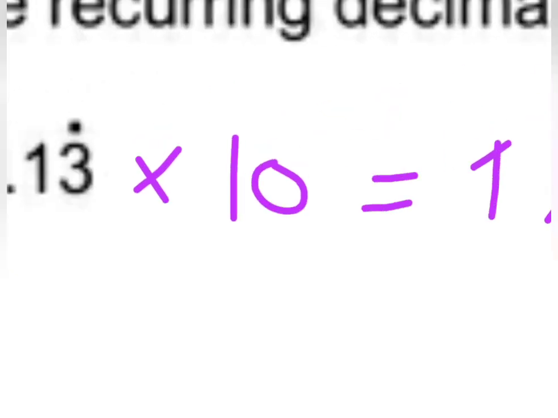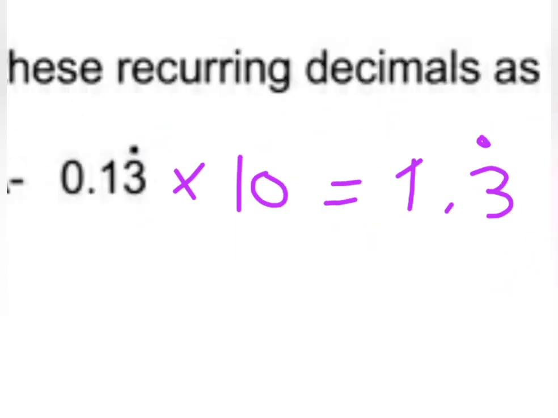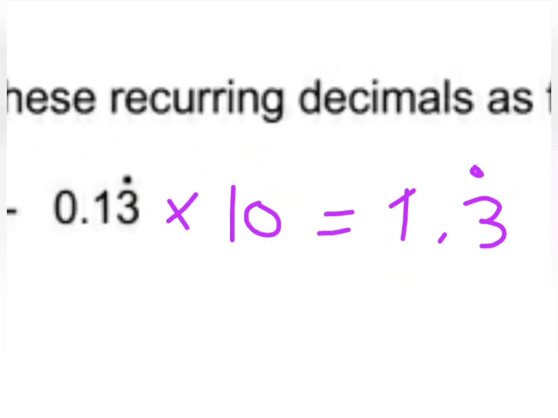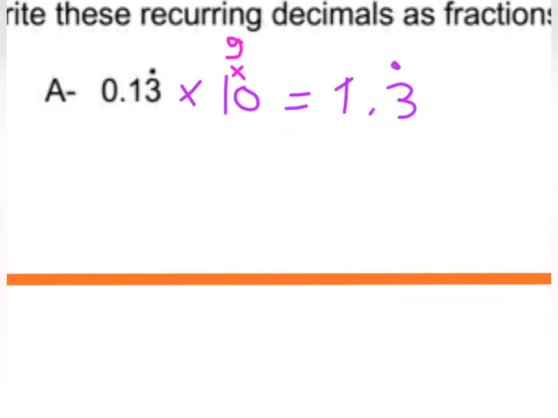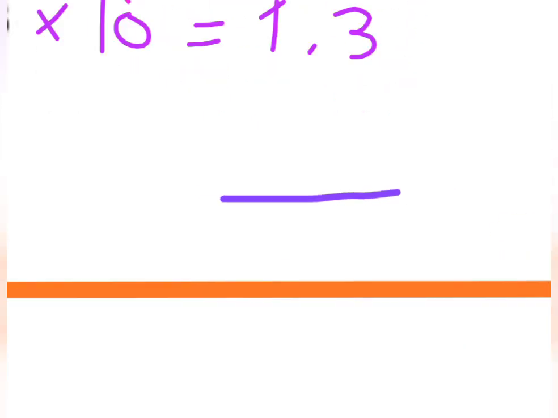Now, what I do is I multiply this by 9 here. And then I open a fraction like this. Because 9 times 10 is 90. Good. I put 90 here.